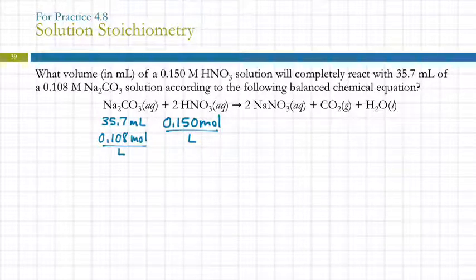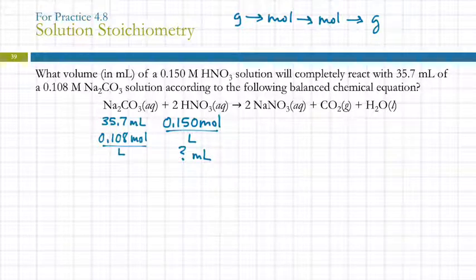What do they ask me to find? What volume in milliliters of nitric acid? So the nitric acid is the question, and the unit requested is milliliters. So the regular path is grams to moles to grams.